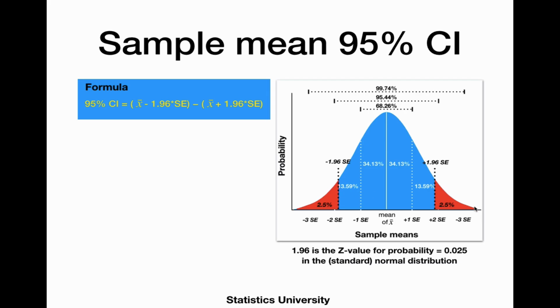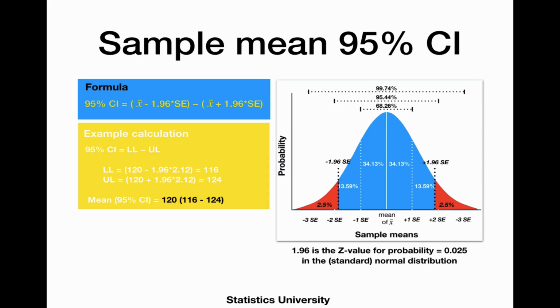So if we add them up, we get 5%, and 100 minus 5 is the 95 that we're looking at. In our example, this is how we would calculate the 95% confidence interval.